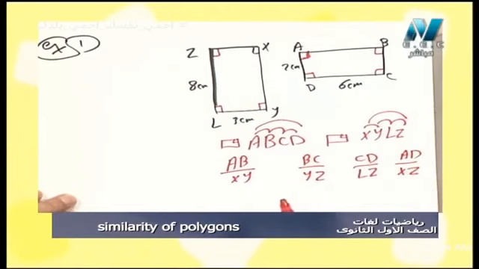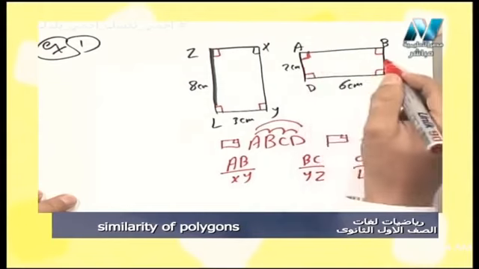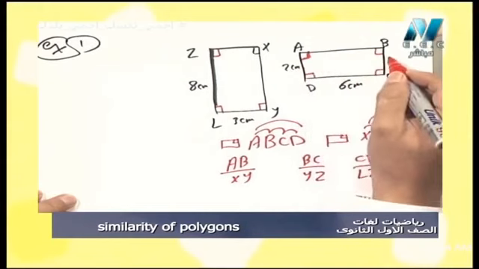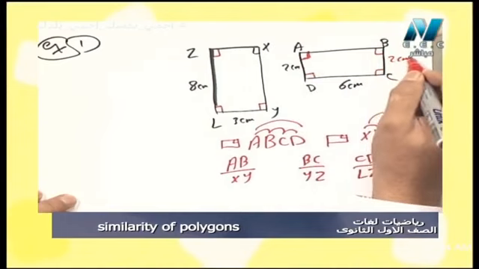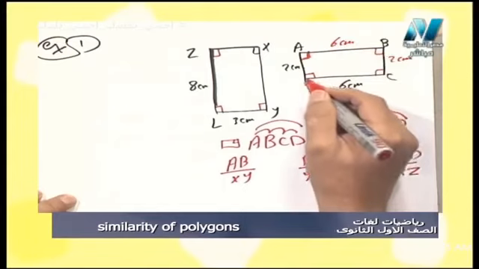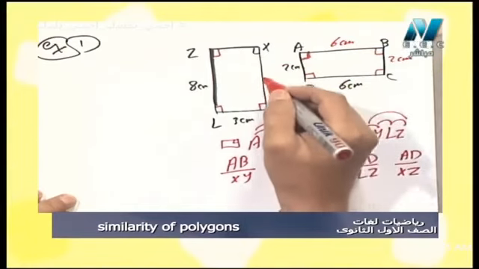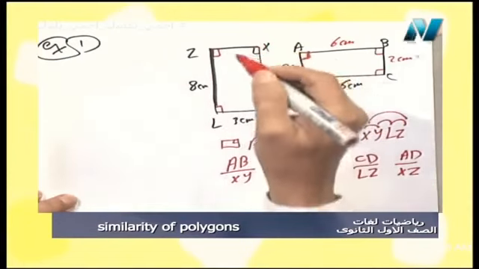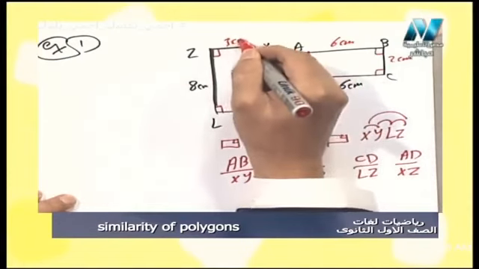The question is, are these four ratios equal? We know that each two corresponding sides, opposite sides in the rectangle, are equal in length. So BC, of course, is 2 centimeters here, and BA equals 6 centimeters, because it equals DC. XY equals 8 centimeters, and LY equals XZ equals 3 centimeters.